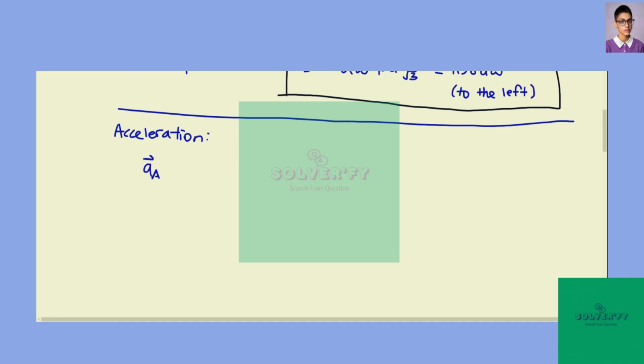It's going to be minus A alpha I plus J, and then plus A omega square I. Point A is over here, and since it's rolling without slipping, the center is accelerating to the left with A alpha acceleration.